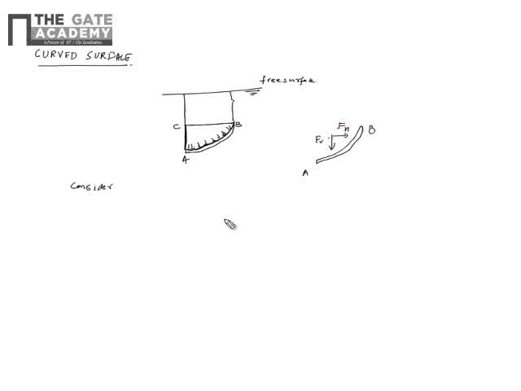If I consider a small element, the pressure force will be P into dA, and if I resolve it, I get a small horizontal force and a small vertical force. Sum up all the small horizontal forces, you get FH. Sum up all the small vertical forces, you get FV. So we need to find FH and FV.